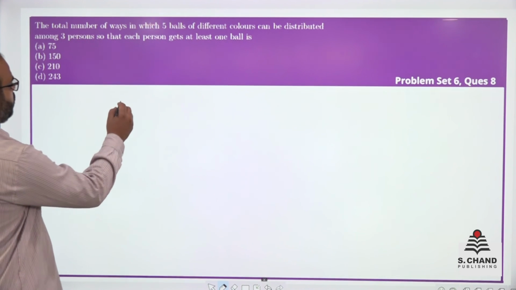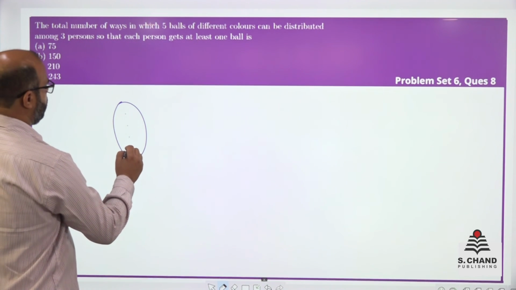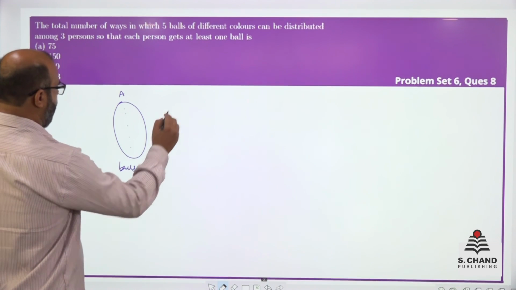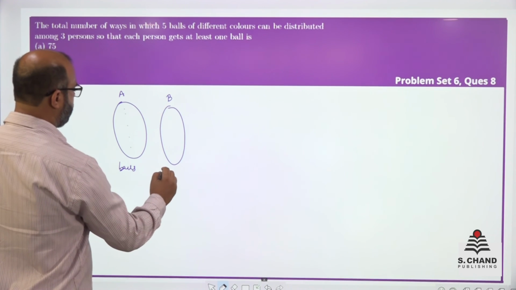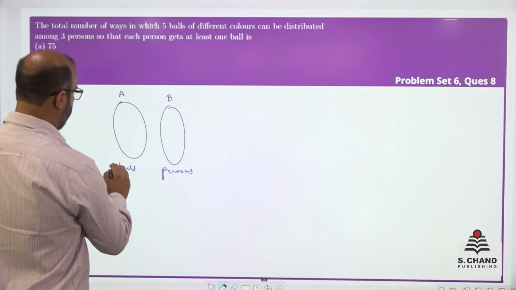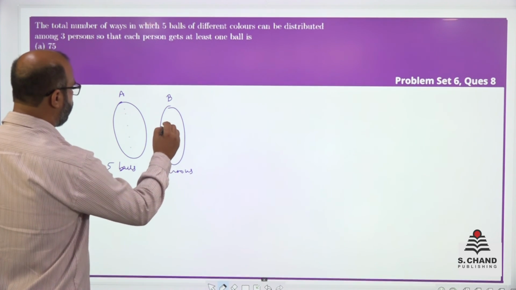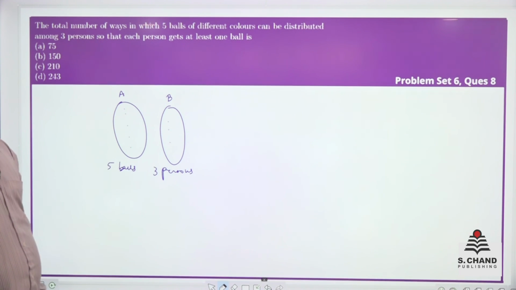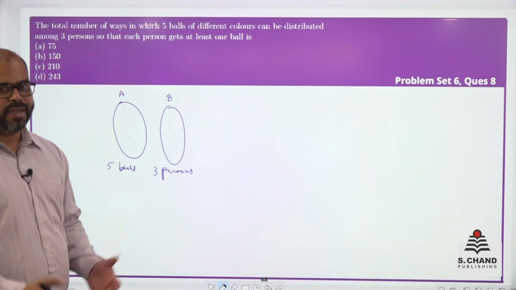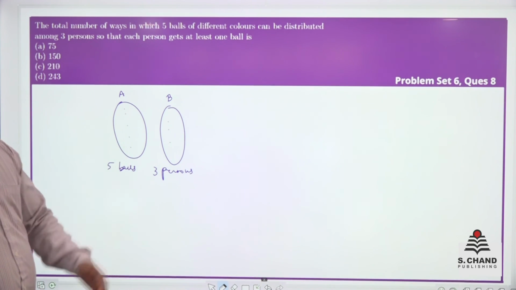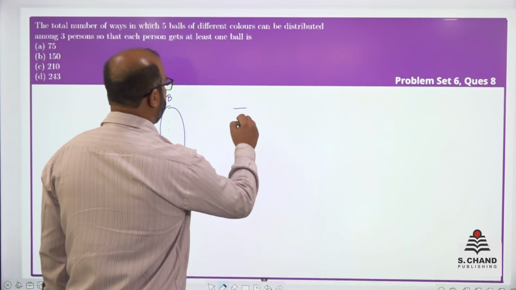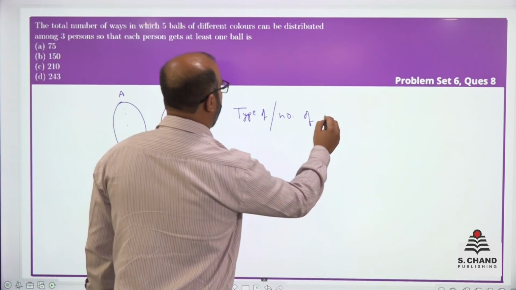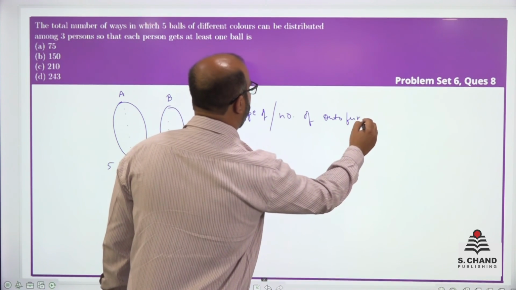So there are 5 balls in set A and 3 persons in set B. Now you have to do the arrangement of the balls to each person so that none of the persons returns empty handed. So this is a type of onto question. We have studied this also earlier, the number of onto functions.